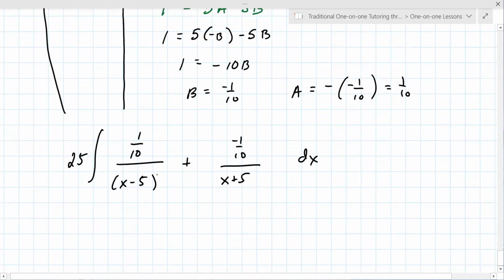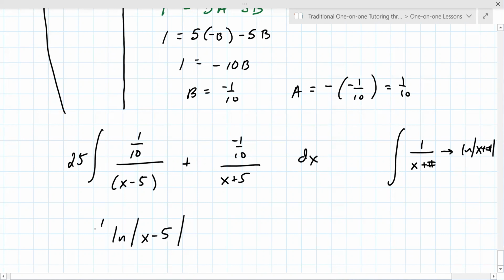Each one of these, though, what you're doing is the integral of 1 over, in this case, x plus a number. This always becomes the natural log of the absolute value of x plus that number. So this first one is the natural log of the absolute value of x minus 5, that 1/10 comes out in front, and then that 25 is right there also.